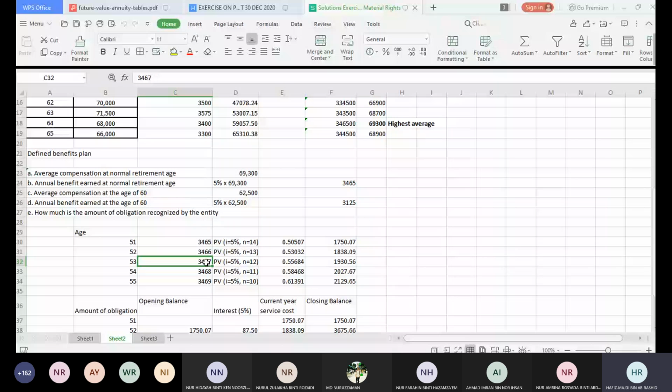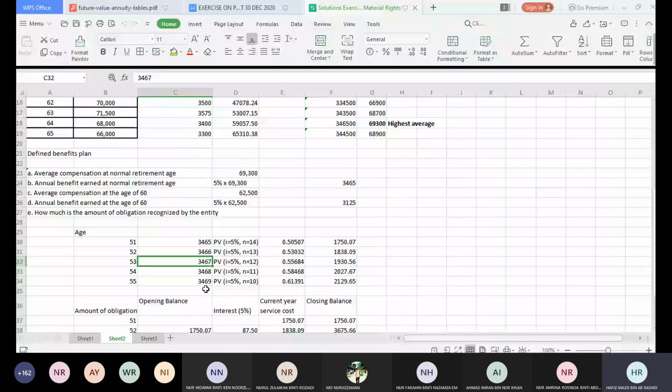But the question just asks, what would be the value of the defined benefit obligation the company needs to recognize? So whatever benefit is earned by the employees, the company needs to recognize that as part of their obligations. But the issue is Mr. Ahmad will only retire at the age of 65.